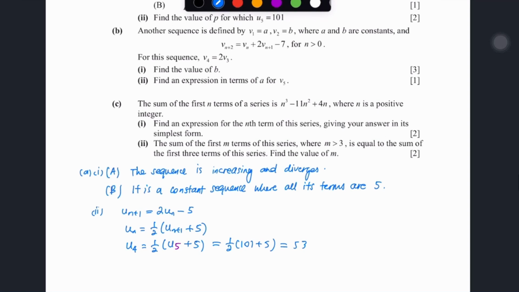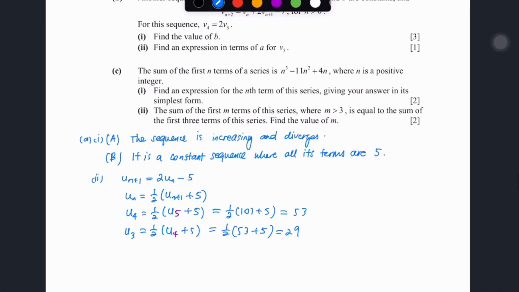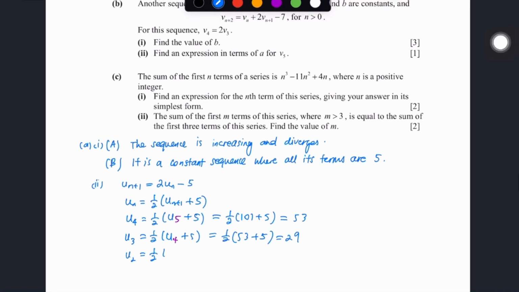Okay. Now then U3 would be half times U4 plus 5. So half times 53 plus 5, which is 58. 58 divided by 2, 29. Okay. So likewise, you can do the same thing all the way down.